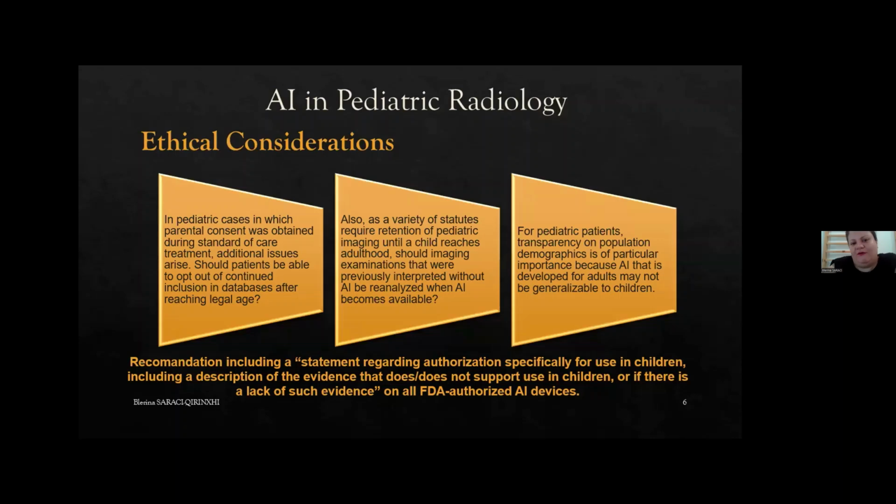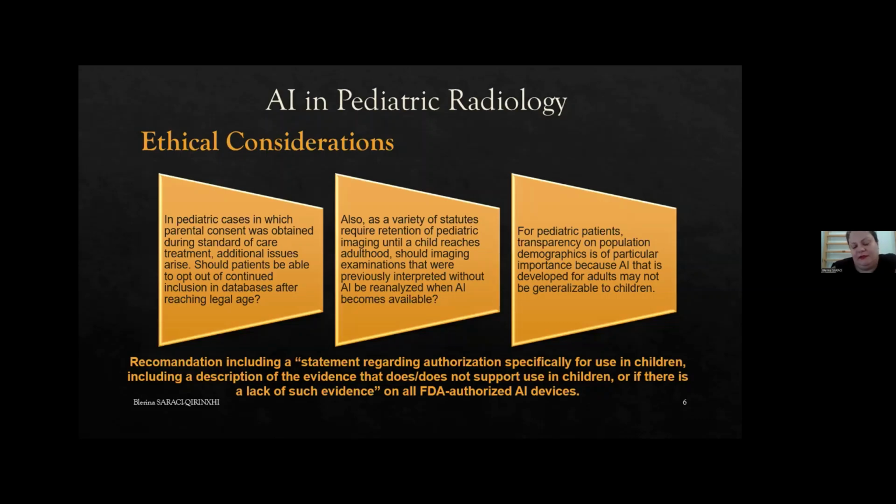Another point that we have to keep in mind, not only the challenge of the differences, is the ethical consideration, which in pediatric patients is a little bit more sensitive. In pediatric cases in which parental consent was obtained during standard of care treatment, additional issues arise. Should patients be able to opt out of continued inclusion in a database after reaching legal age?